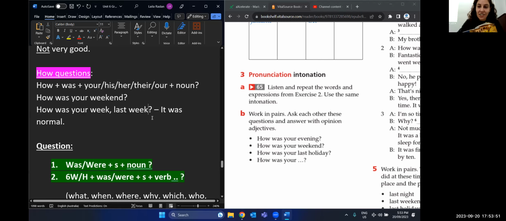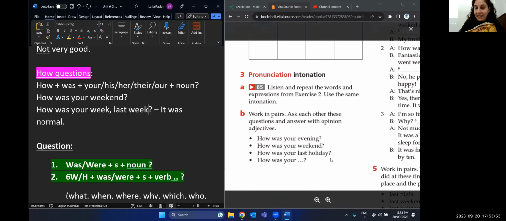Okay, so let's go around the room. You're going to make a last question. So first of all, I'll give you 1 minute to make one last question. So how was your evening? How was your weekend? How was your last holiday? And you've got one more to make. So it could be like, how was your trip? How was your work?